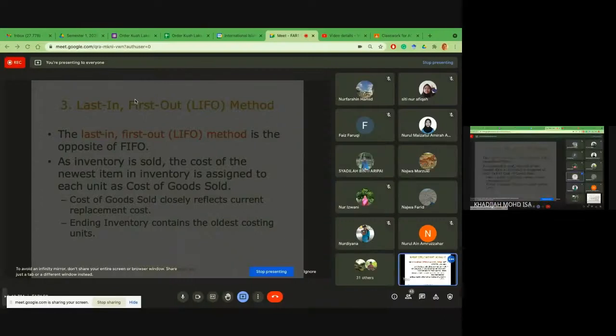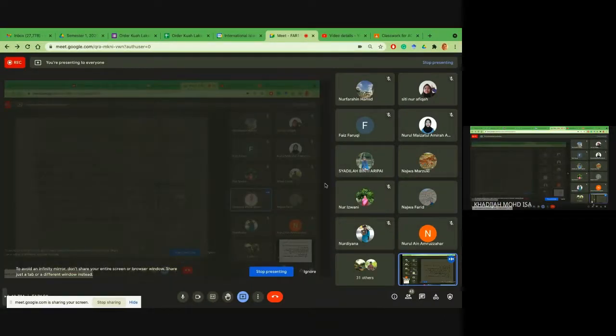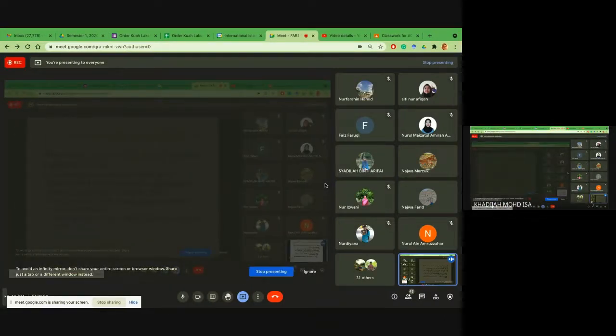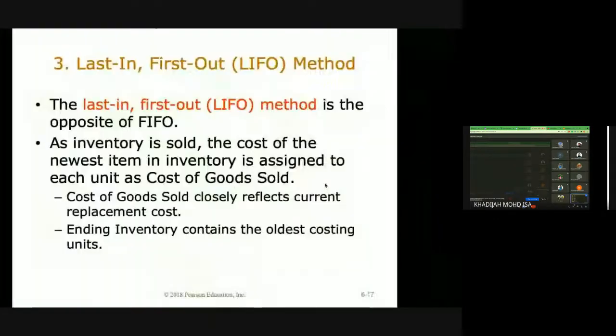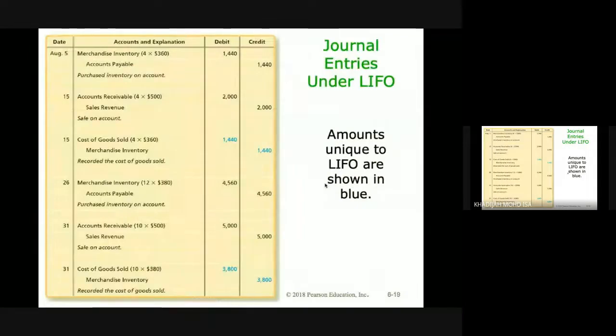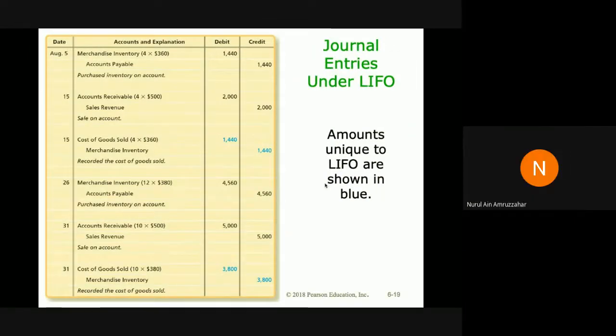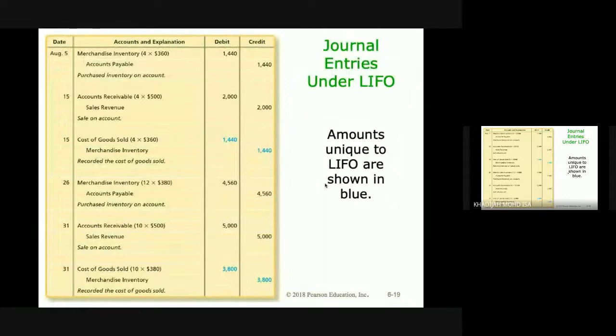Okay, let me ask Nurul Ain. Yes, madam. Can you differentiate between cost of goods sold and the selling price? The selling price is cost of goods sold plus the profit. Yes, very good. So the selling price is always the selling price.